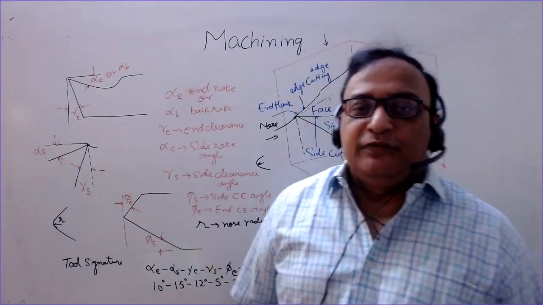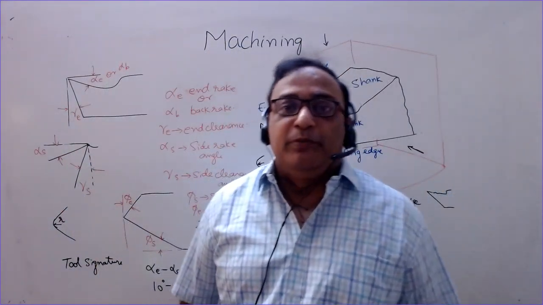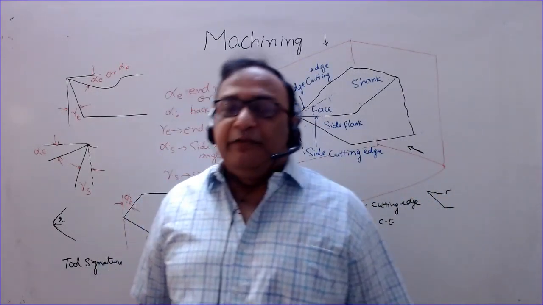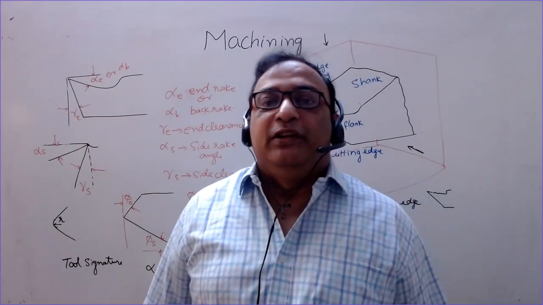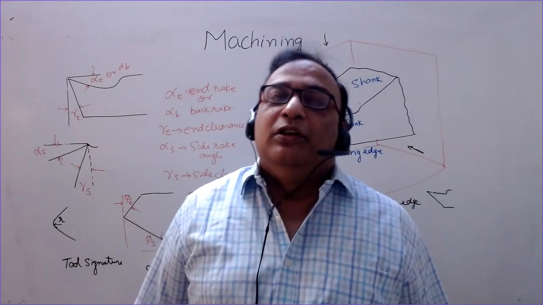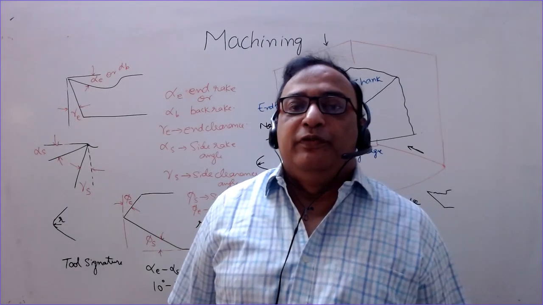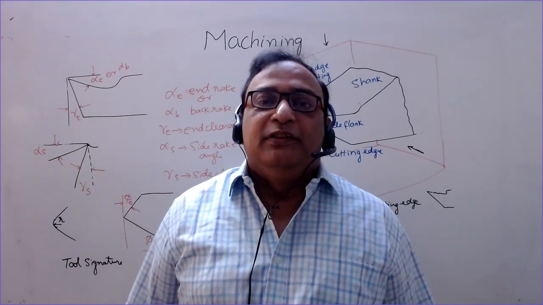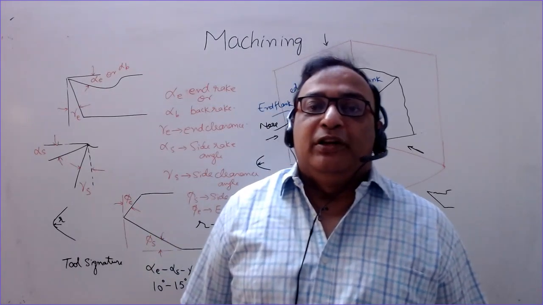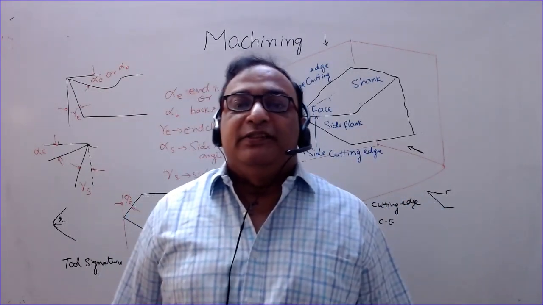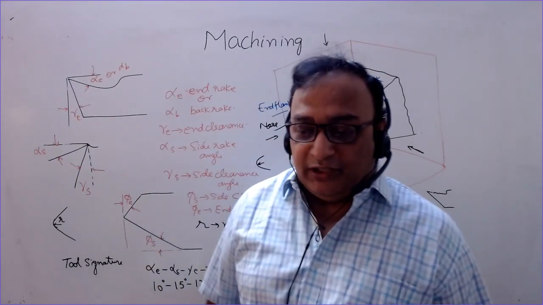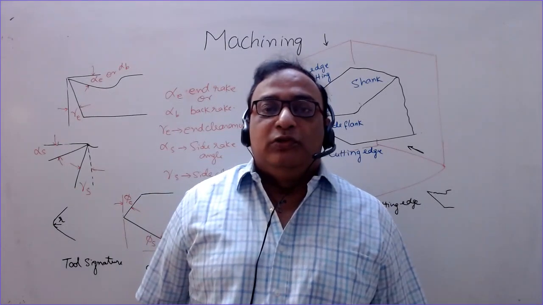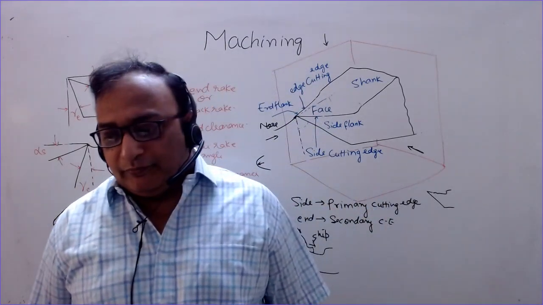Remember that in machining of brass with a single point cutting tool, zero rake is provided. Then the relief or clearance angle is provided so that the two flanks do not rub against the workpiece. Then we have the cutting edge angles, which help in cutting and provide strength to the two cutting edges. And then we have the nose radius, so that the tool does not fail at the nose.